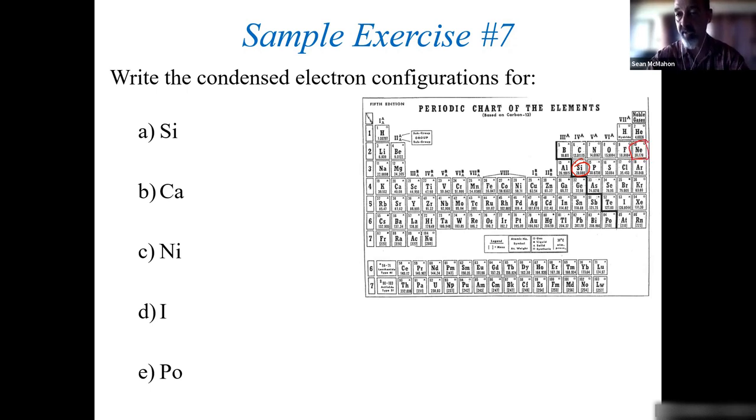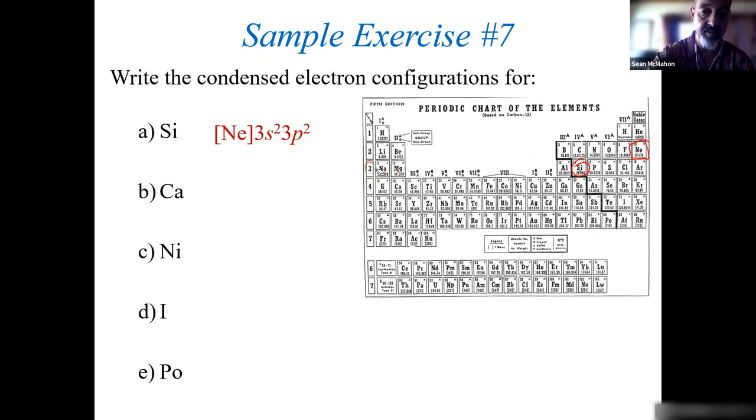Neon. So I can write in brackets neon, which shows that I have a 1s2, 2s2, 2p6, and then just write the valence electrons, the 3s2, 1, 2 in the s block, and the 1, 2, 3p2. So neon, 3s2, 3p2.